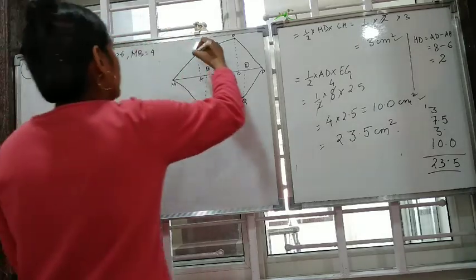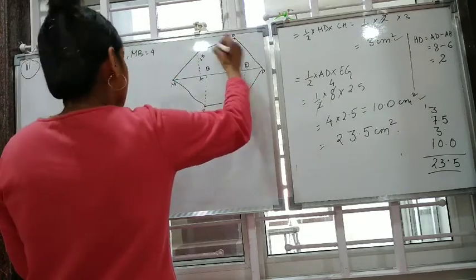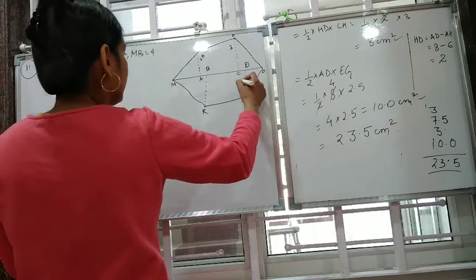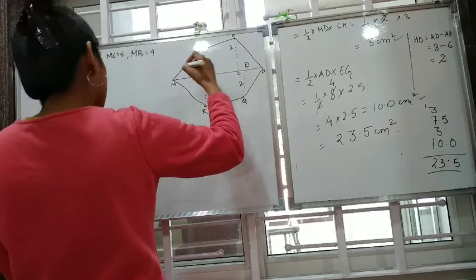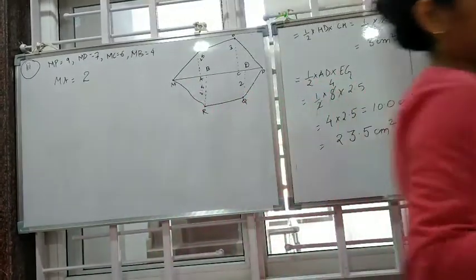So that I will also write here. This is 2.5, this is 3 centimeters, this is 2 centimeters again, and this is 2.5 centimeters.